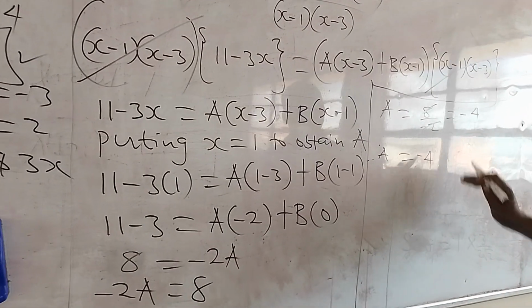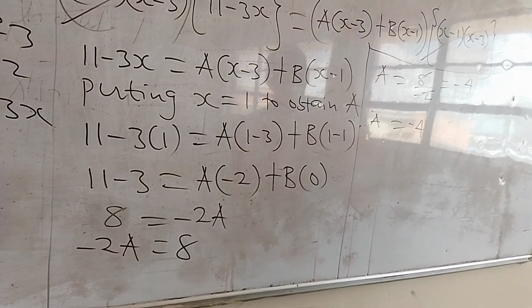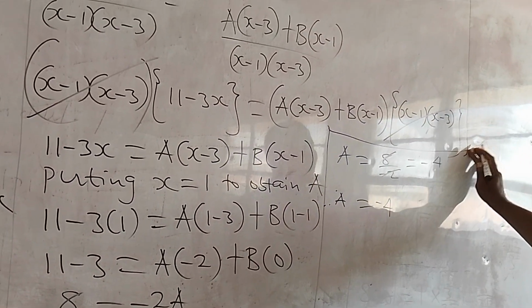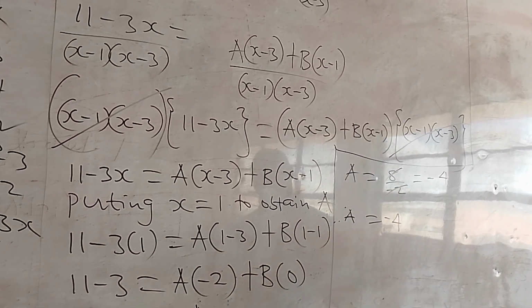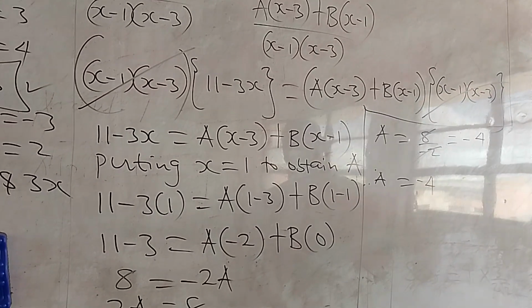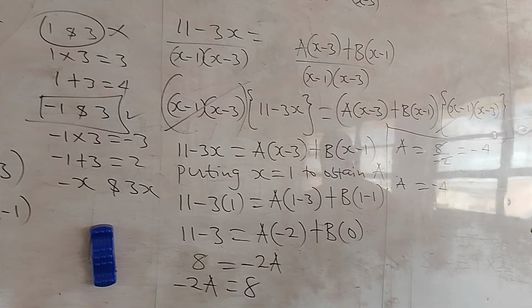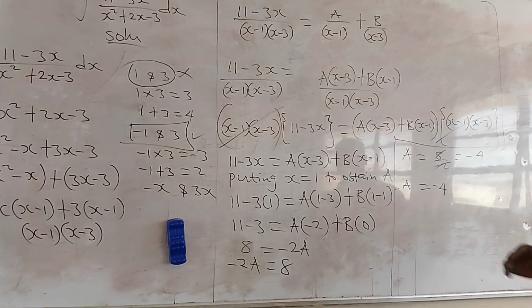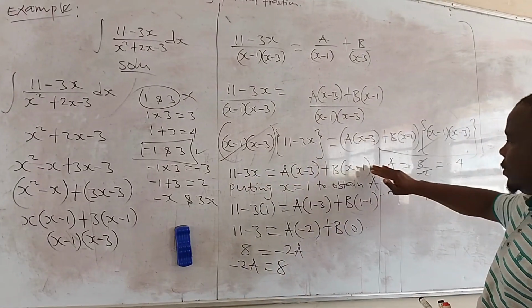Are you following? Okay. Now, how can we obtain our B? We have gotten our A, then our B is what we want to look at. Let's obtain our B. Look at this equation now.